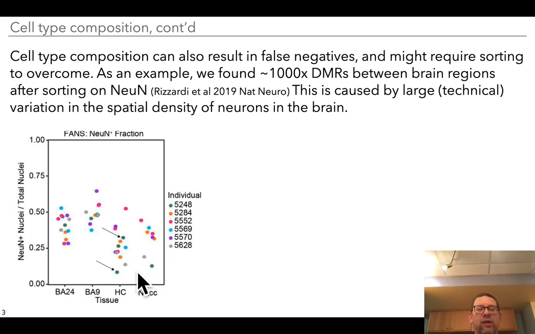This introduces a massive amount of technical variation in the amount of neurons we have in each sample, and basically obscures the signal. And sorting the cells on this NeuN marker really dramatically increased our power. This might be relevant to most tissue samples, but perhaps this spatial confounding is particularly relevant in something like that.